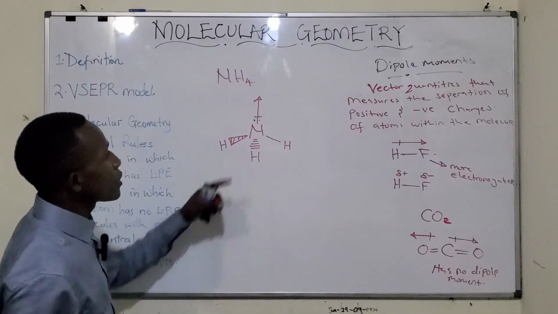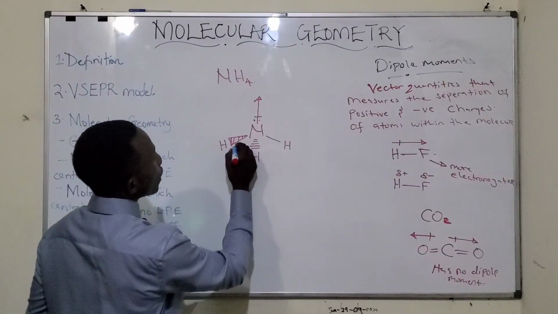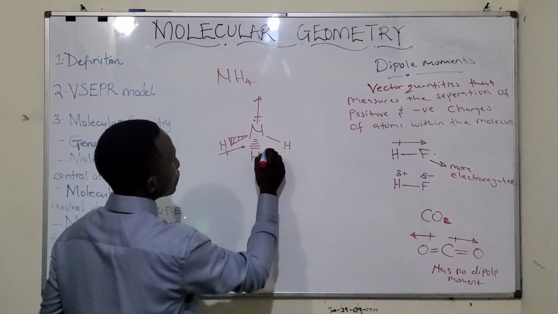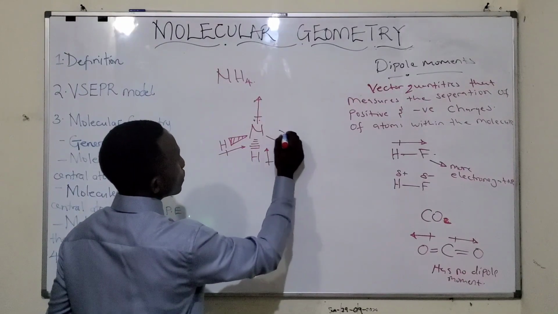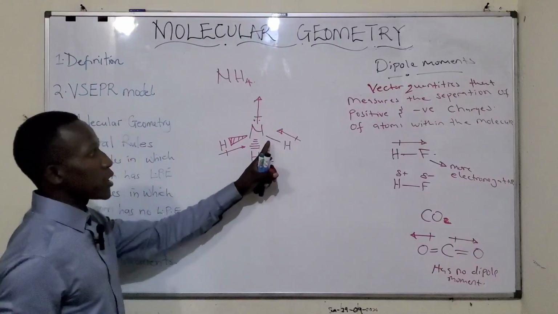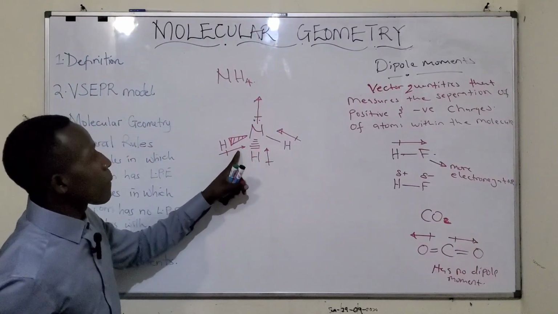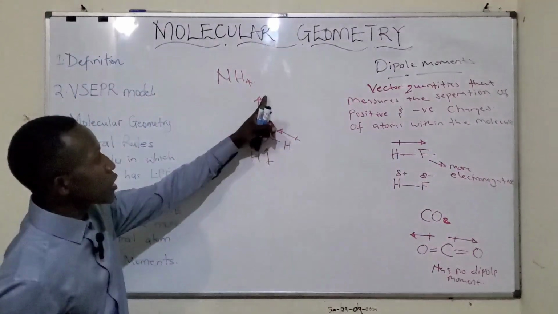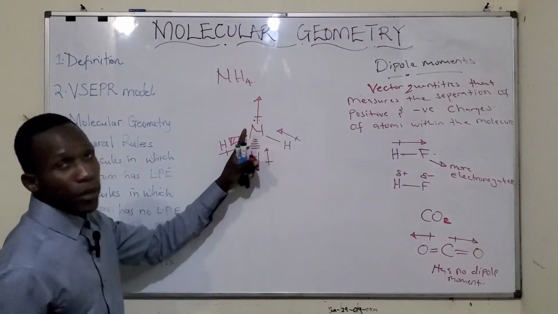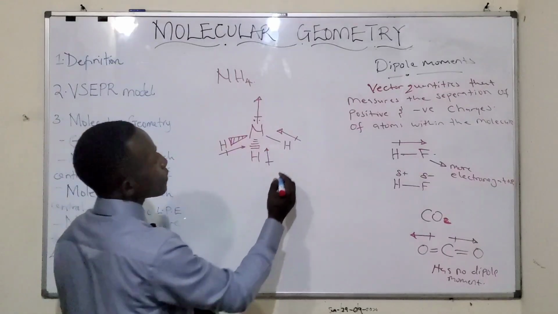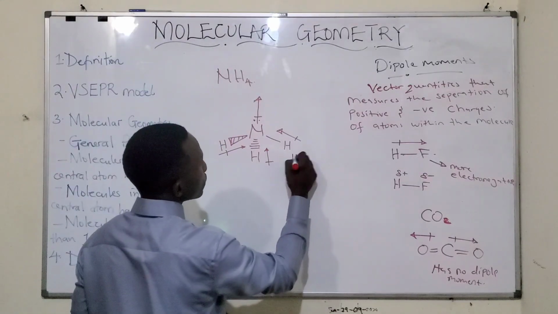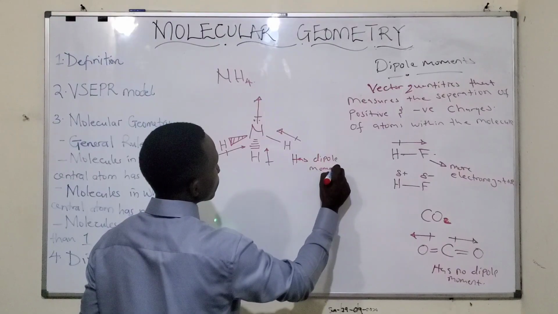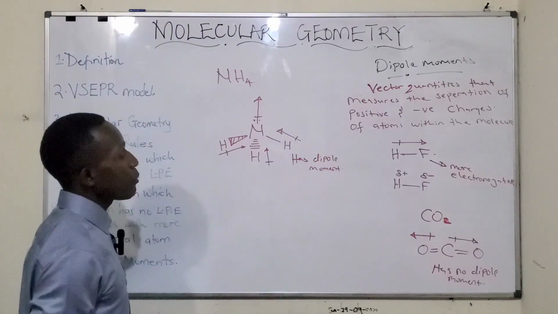And these hydrogens are also being pulled by nitrogen, the electrons are being pulled towards nitrogen. So we shall have a net dipole moment, hence it is polar.